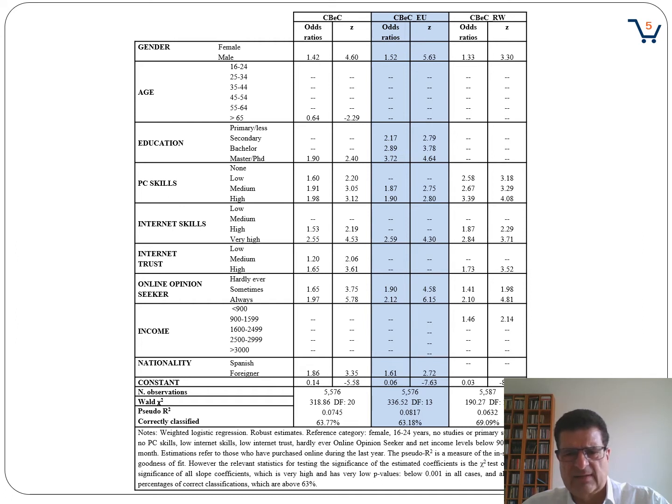You see that, for instance, income has very little effect in this particular type of equation, and also that age has little effect, and education has little effect except for the European Union.